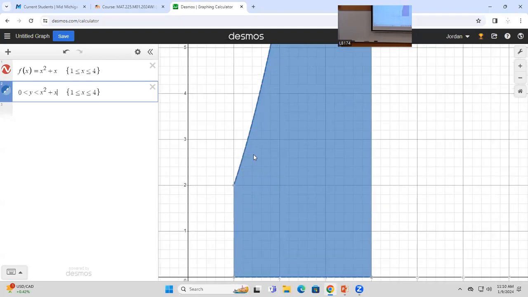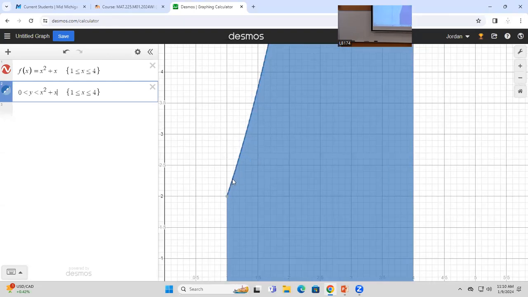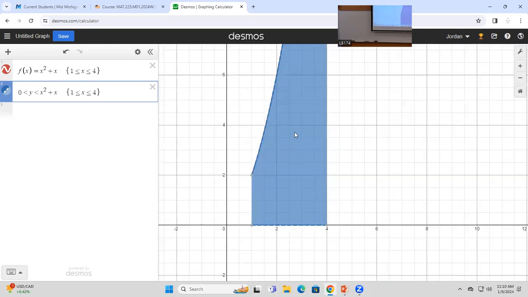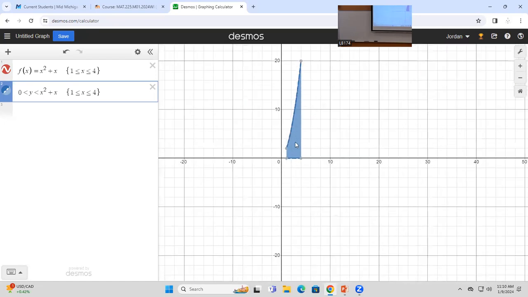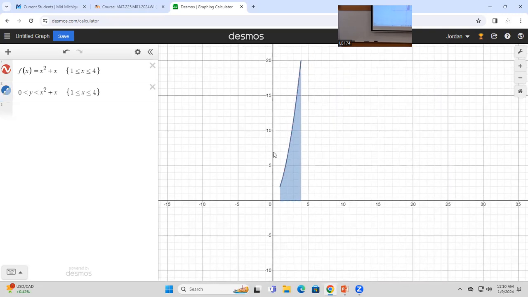It's not a straight line. And so if I want to find this area, I can't really do it effectively using geometry because this section is not a straight line. So it's not going to be a normal geometry form, right?